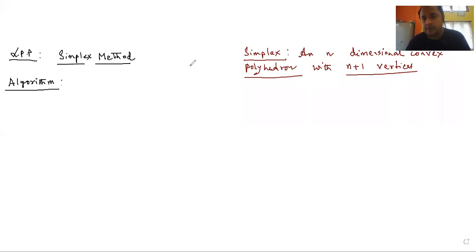Although I have written this, I'm not going to do any kind of geometry over here. Simplex method is an algebraic method, and a set of algebraical algorithms will be used to solve the system of equation.